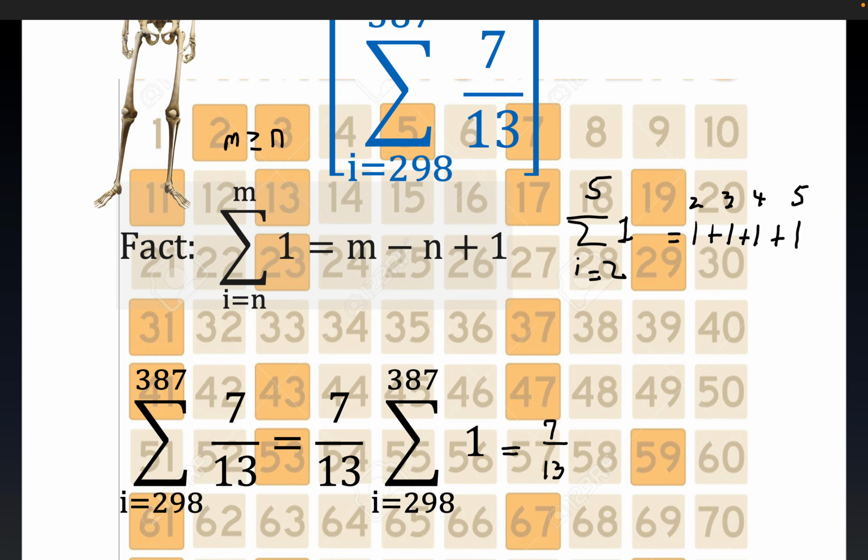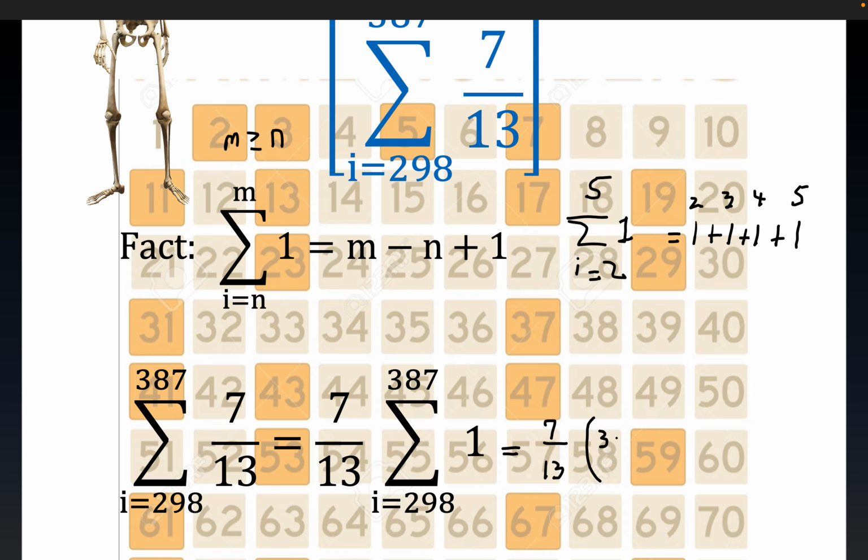Now, using our result from up here, a lot of you just do this in your head, but in case this is new to you, it's 7 over 13 times 387 minus 298 plus 1.